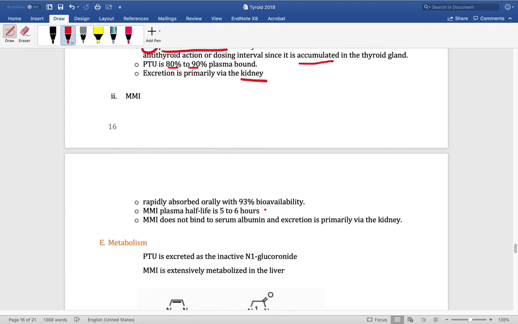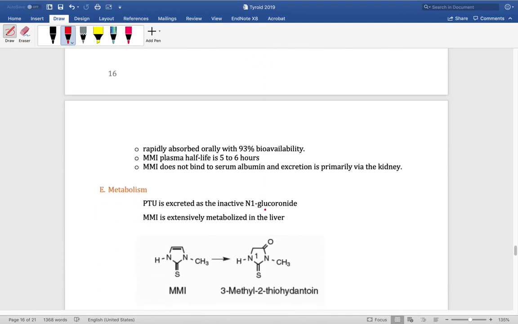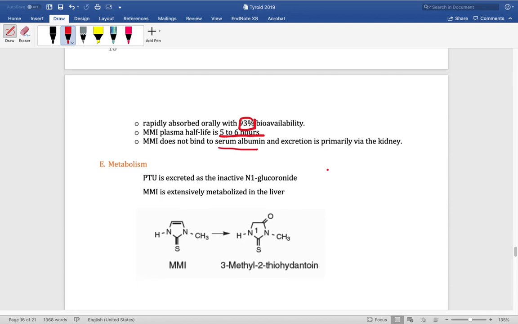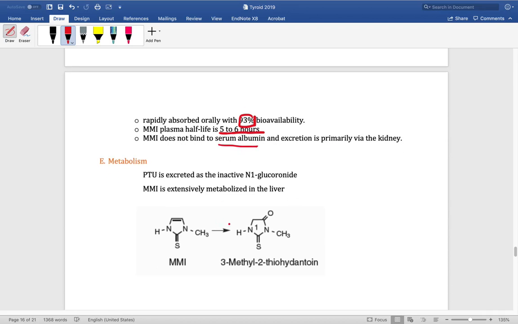Now, methimazole. Methimazole is rapidly absorbed, with 93% bioavailability, and the half-life is 5 to 6 hours. It does not bind to serum albumin, and excretion is primarily via the kidneys. As we mentioned before, propylthiouracil blocks the conversion of T4 to T3 in the periphery.